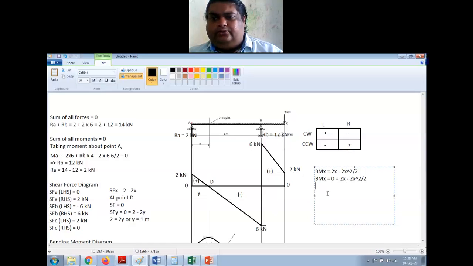I can do it like this also. 2x is equal to 2x square by 2. So x gets cancelled on one side. So it will become, Sir, x is equal to 2 or x is equal to 0.